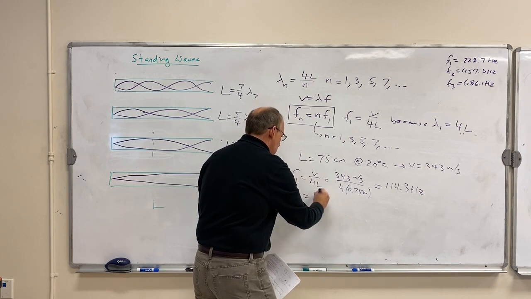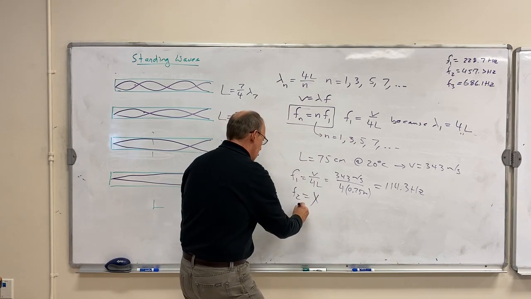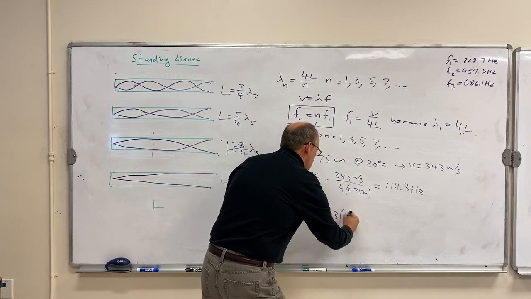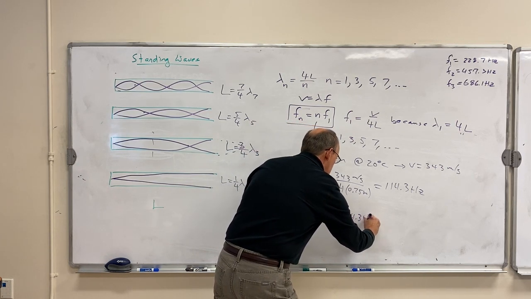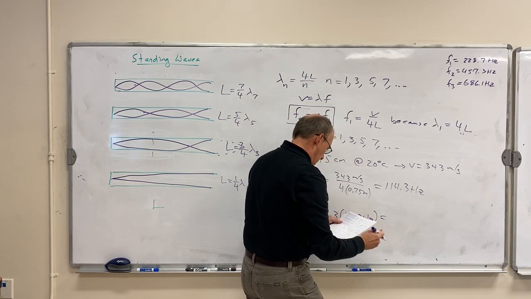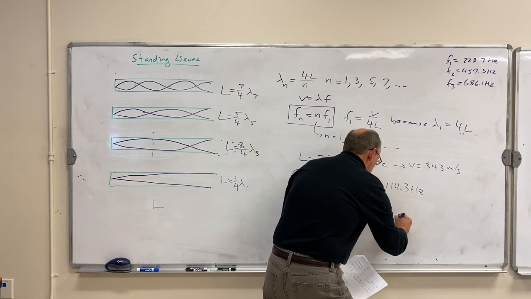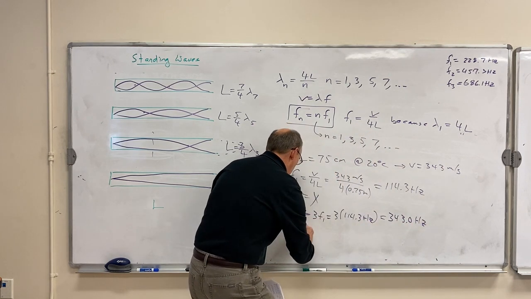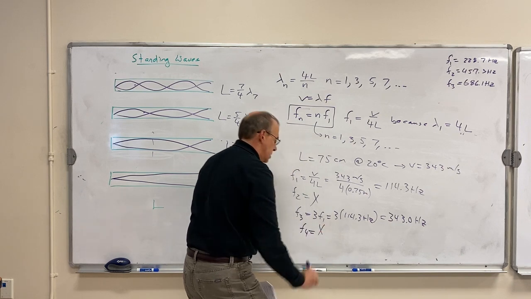F2 doesn't exist. F3 is 3 F1, which is 3 times 114.3 hertz, 343.0 hertz. F4 doesn't exist.